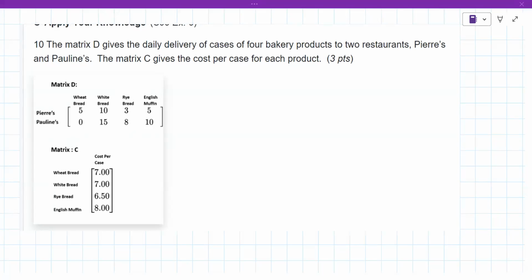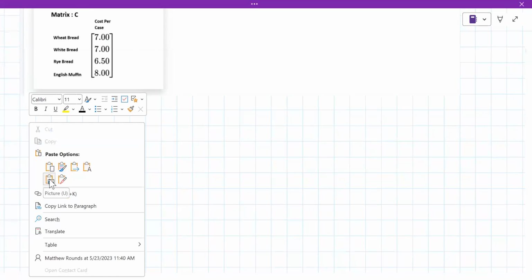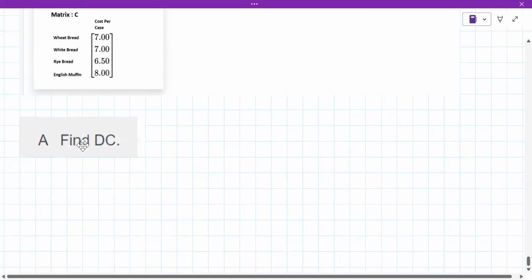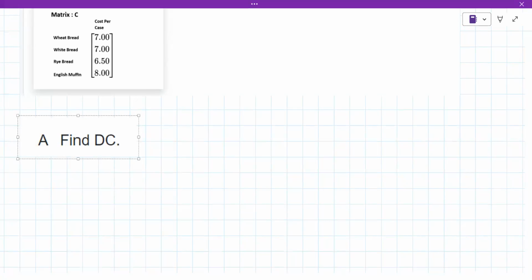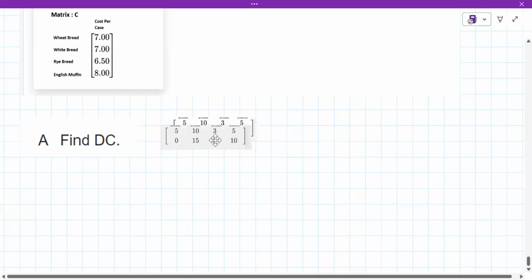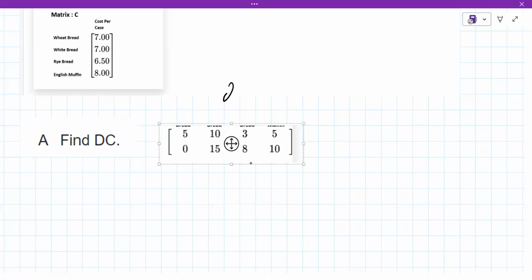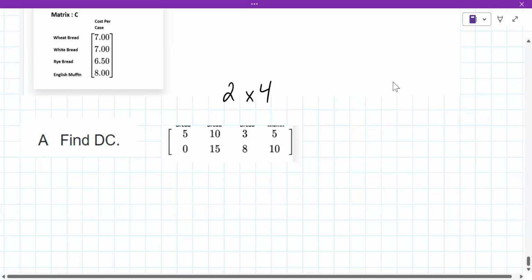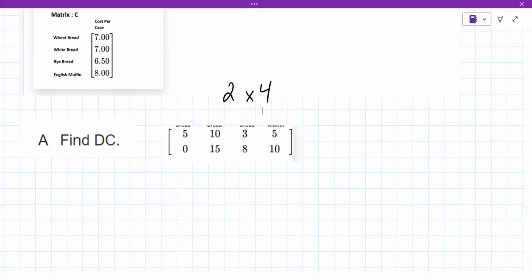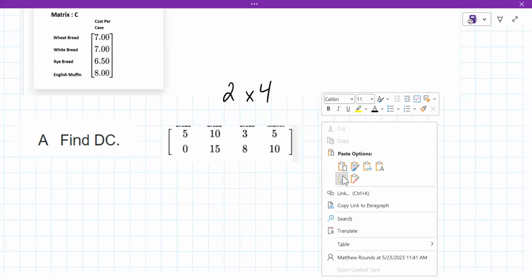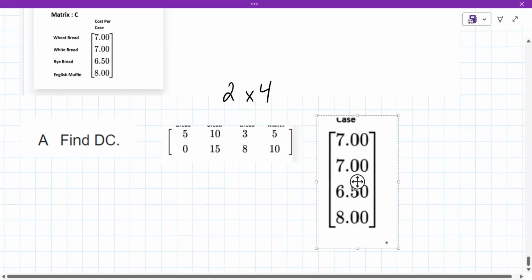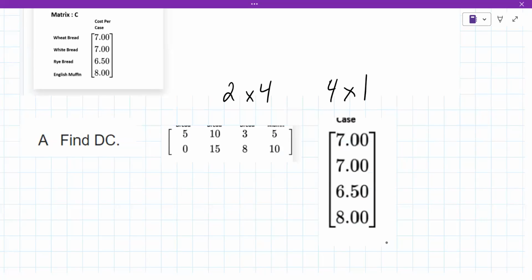Part A is to do yet another multiplication here. It's to do D times C. I'm going to snip those in here. D is the quantity matrix. Notice D is a 2 row by 4 column, and then you're multiplying by a 4 row by 1 column.